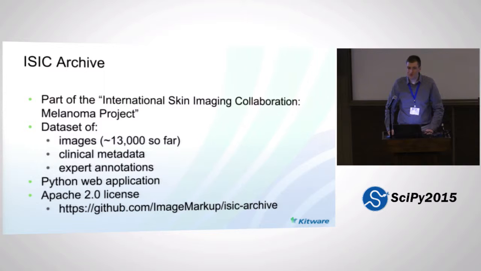And then also we have tools within the site to produce annotations and associated ground truth information for these images that are at the moment being done by world-leading experts in dermatology. This work is being funded by the International Skin Imaging Collaboration Melanoma Project with mostly philanthropic funding, but we're also pursuing several NIH-funded efforts as well.